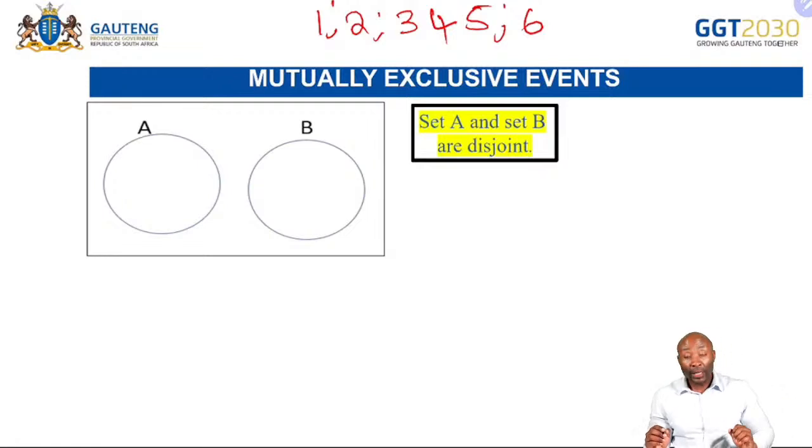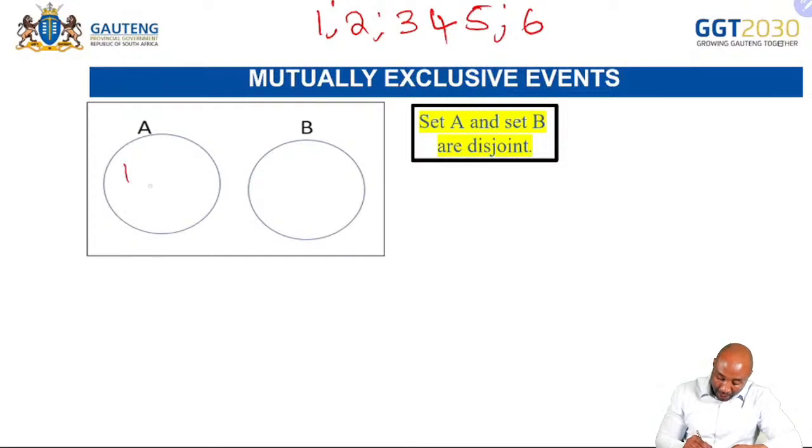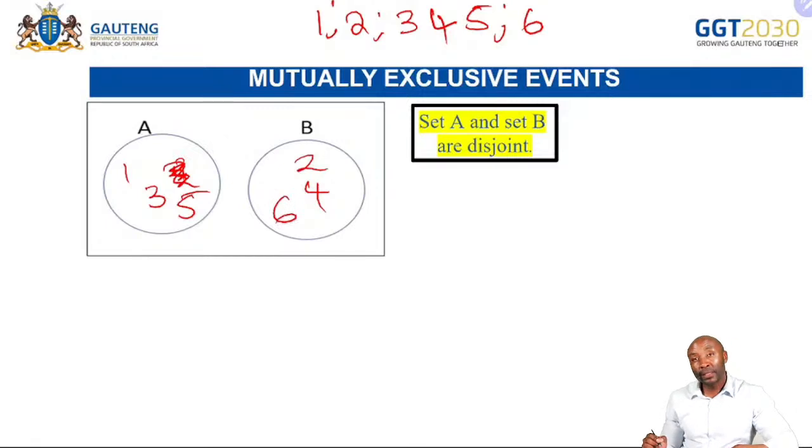Say set A is the event that the number is odd. So I will put the odd numbers in set A: 1, (2 is not), so it will be 1, 3, 5. Event B is the chance that the number is even. That will give us 2, 4, and 6.